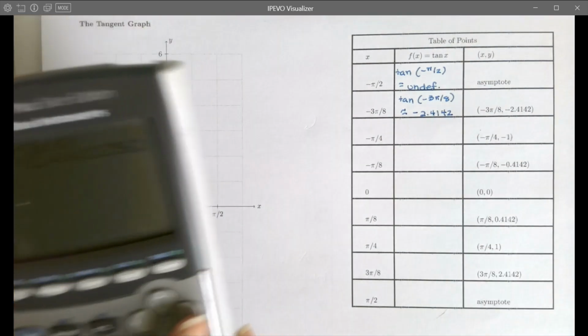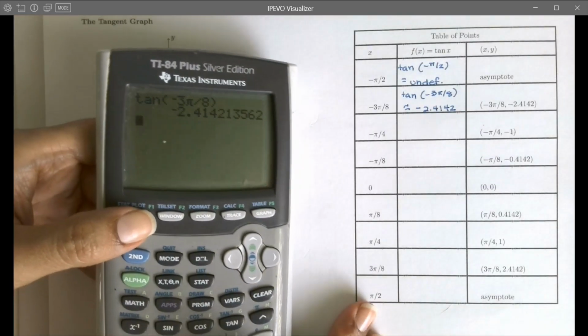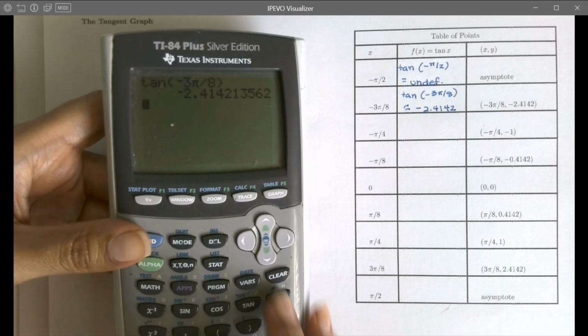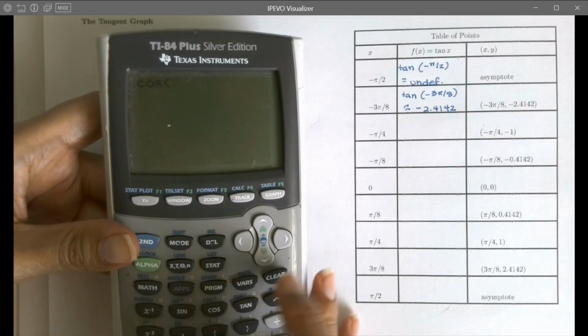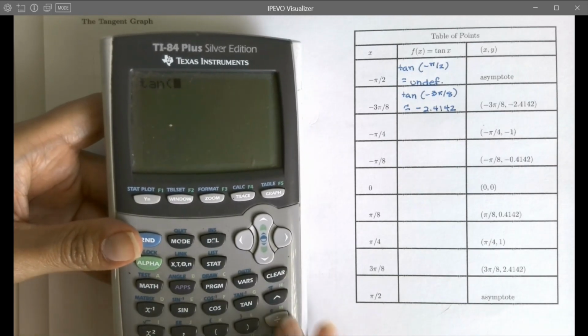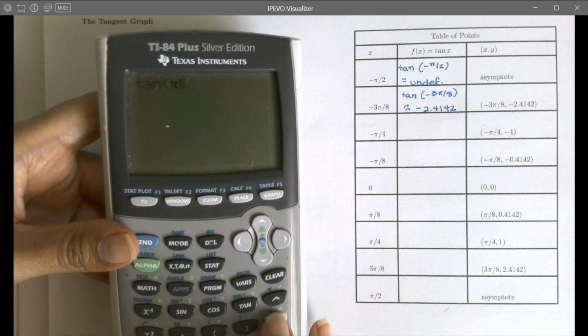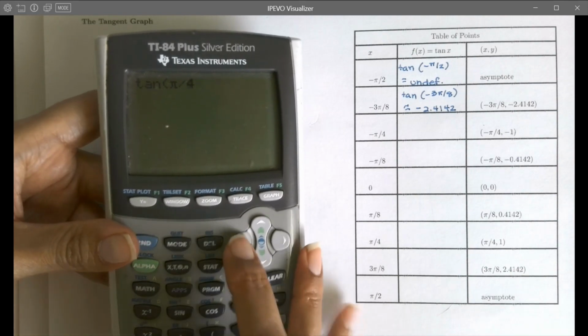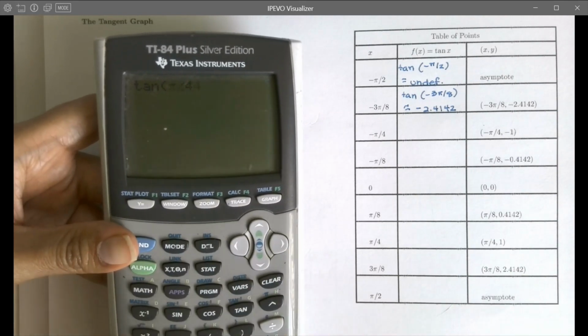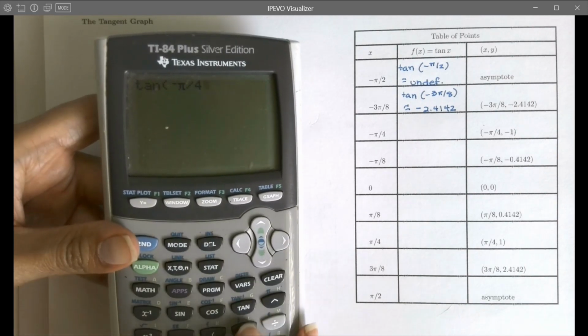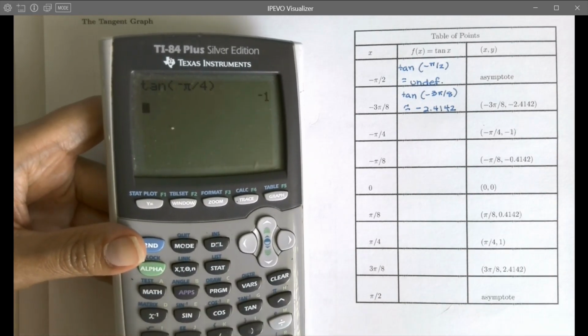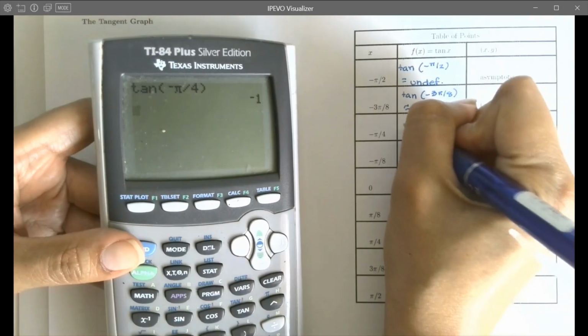If we take a look at the next one, tangent of negative pi over 4, you have the option to use the unit circle to help you find it, since pi over 4 is on the unit circle. But just because we already have our calculator in our hands, let me go ahead and punch it in. Tangent of negative pi over 4 is negative 1.